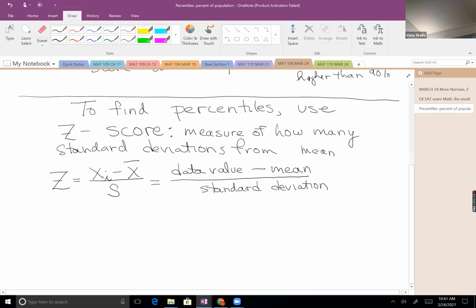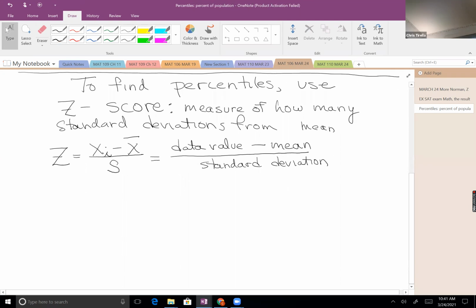And we're going to use it to find percentiles. We're also going to use it to compare data from different populations.